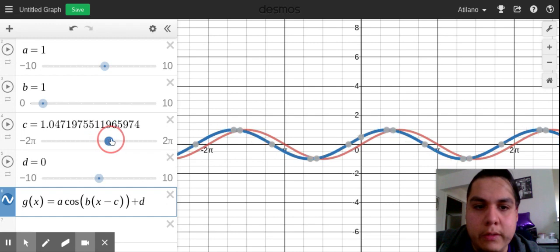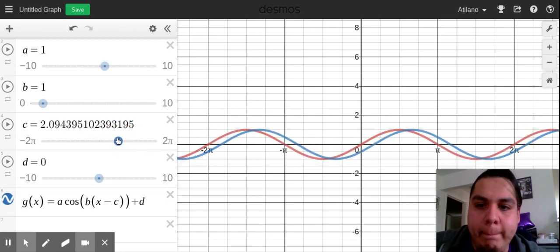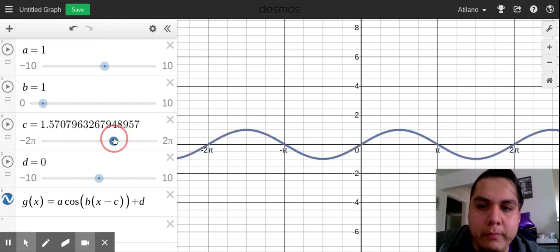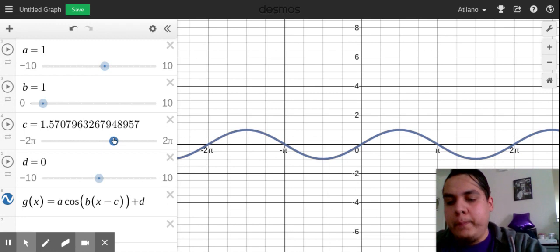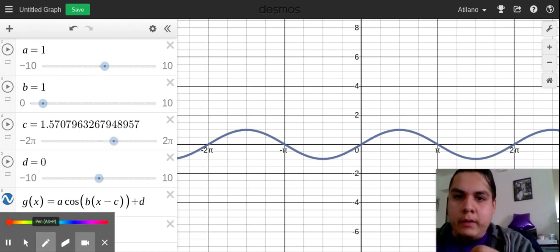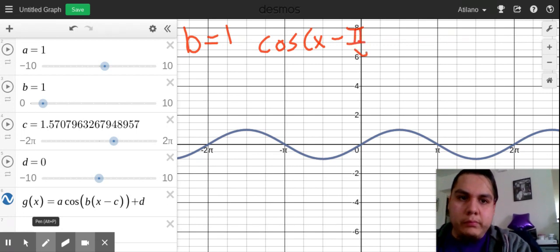1, 2, 3. Take 3. So it turns out that when b is equal to 1, cosine of x minus pi over 2 would equal sine of x.